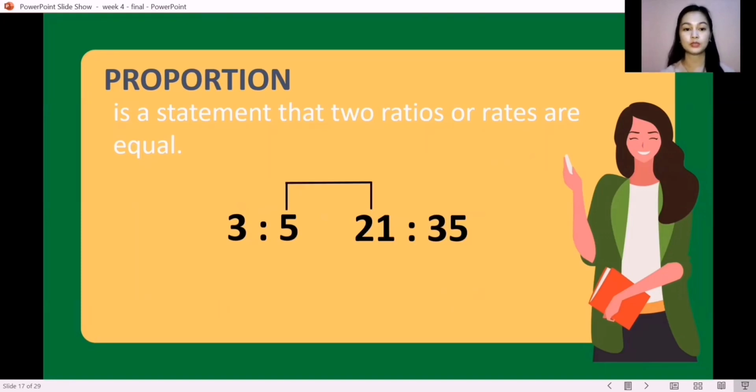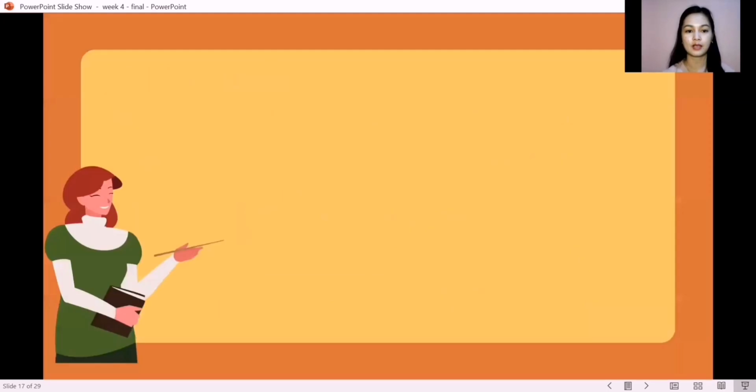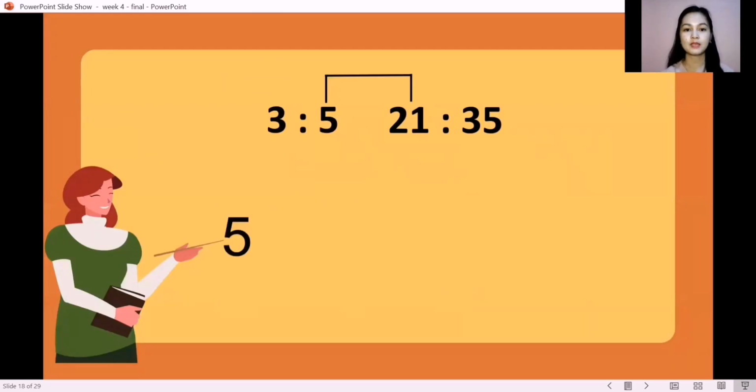These ratios are composed of two different parts, and that is the means and the extremes. To know if these ratios are equal, or if these ratios are proportion, we have to multiply the means of the two ratios and their extremes. For example, 3 is to 5 and 21 is to 35. The means are 5 and 21.